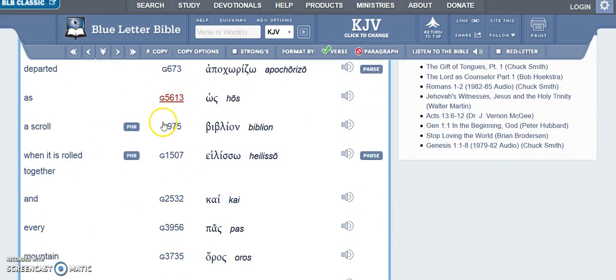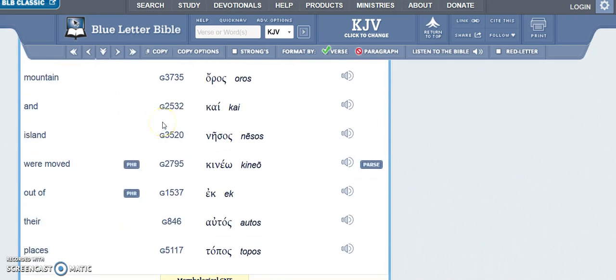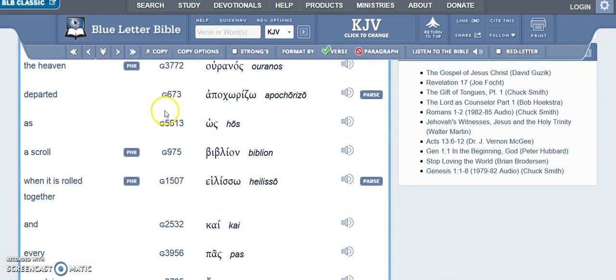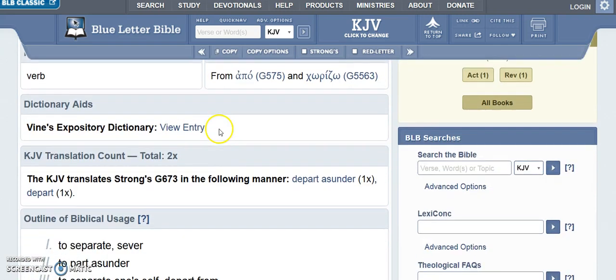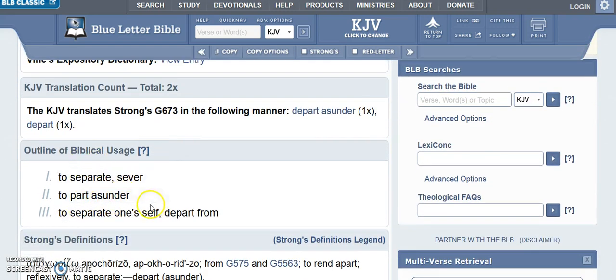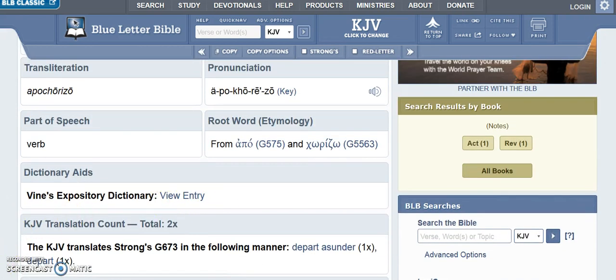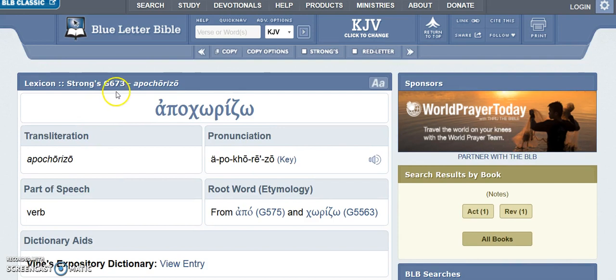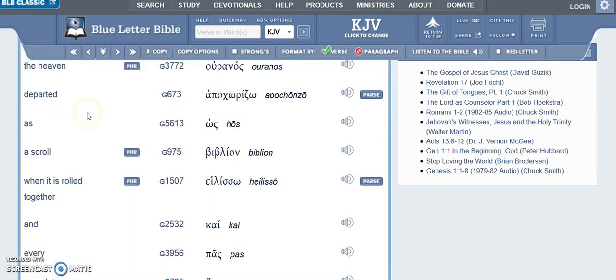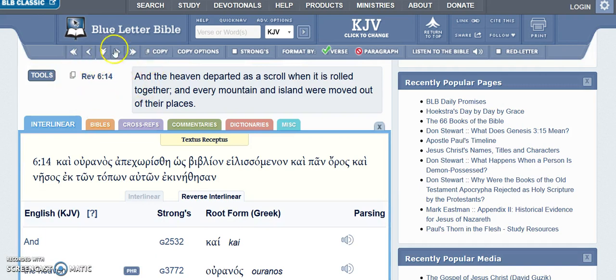And so I'll show you that. It means to divide, to separate, sever, part asunder. And that's Strong's 673, and that was in Revelation 6:14.